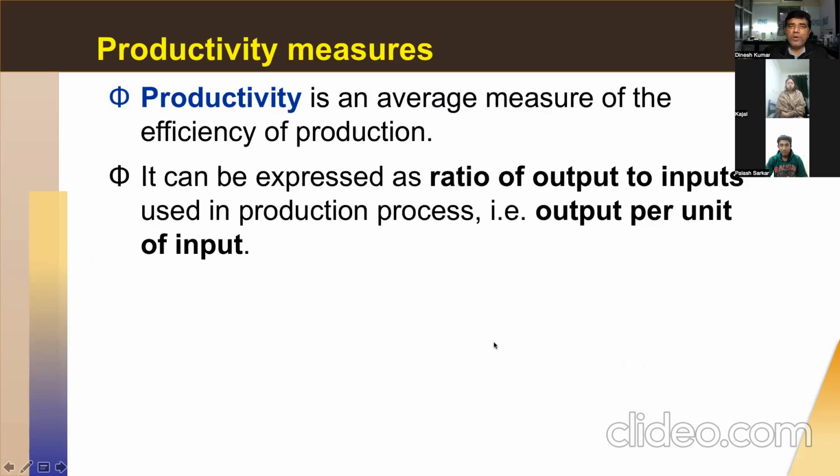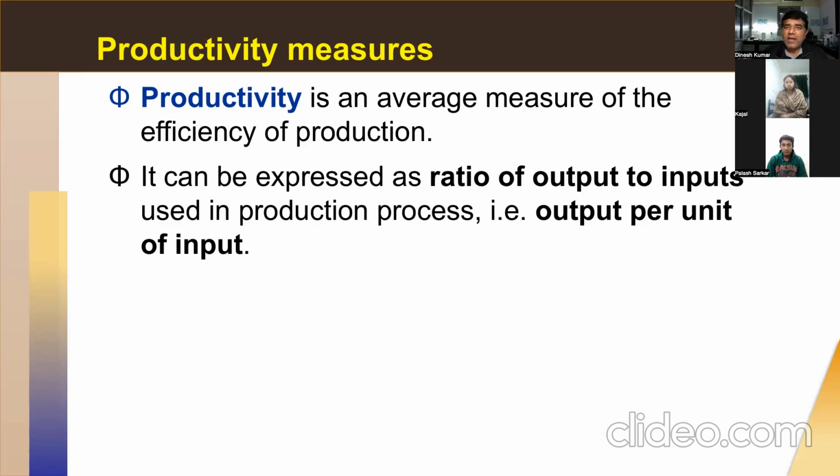Now we go to the productivity measure. Actually, it is not soil productivity or crop productivity in that sense. It is overall agricultural productivity, with respect to agricultural economics. There are a number of productivity measures. We are not discussing typical agronomic productivity, that is yield in tons per hectare or other units.